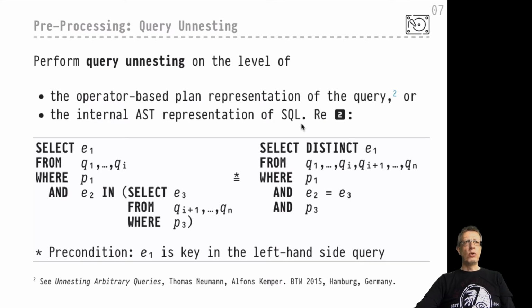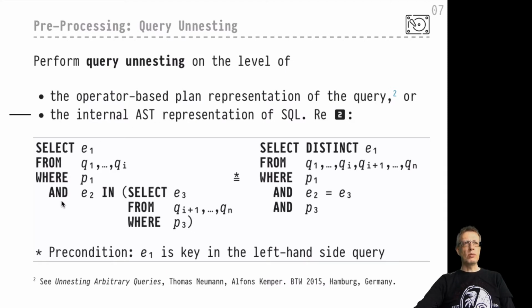Okay, in general, query unnesting can be performed in several ways. The second way is being shown here on this particular slide. This would be the manipulation of the AST, of the abstract syntax tree that represents the SQL syntax.